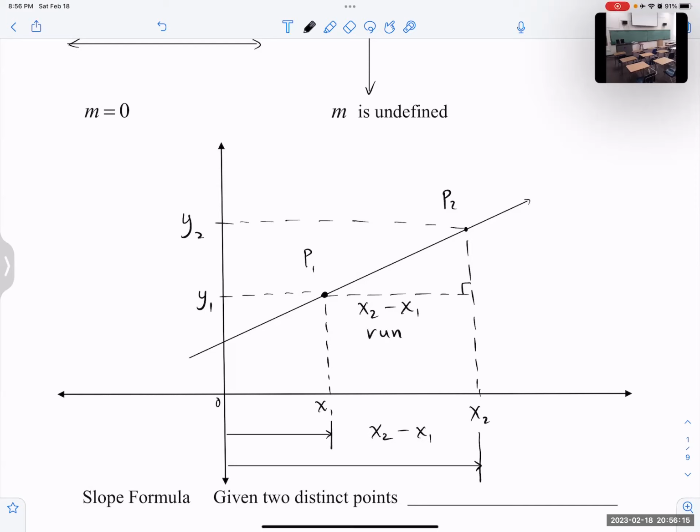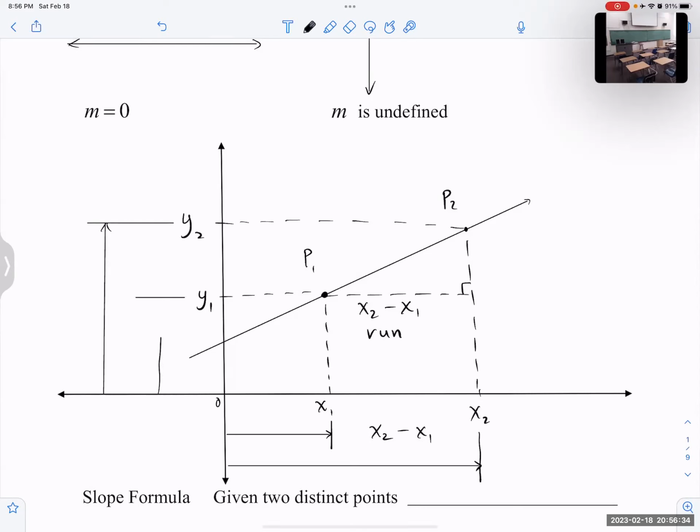And in a similar way, we create these horizontal lines and then note that y sub 2 represents a vertical distance from the x-axis.